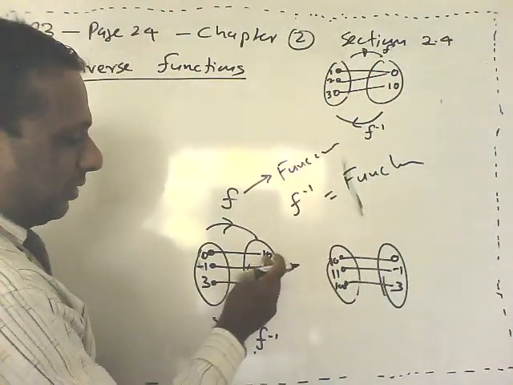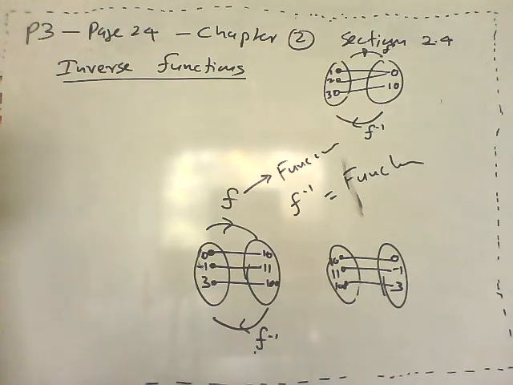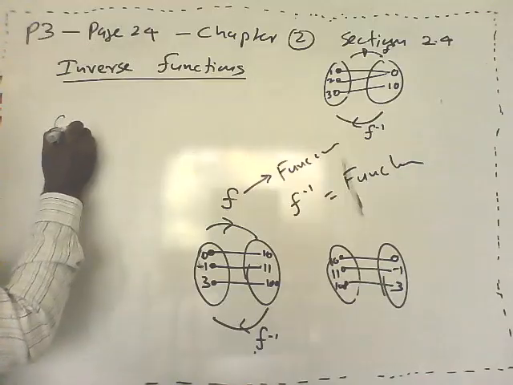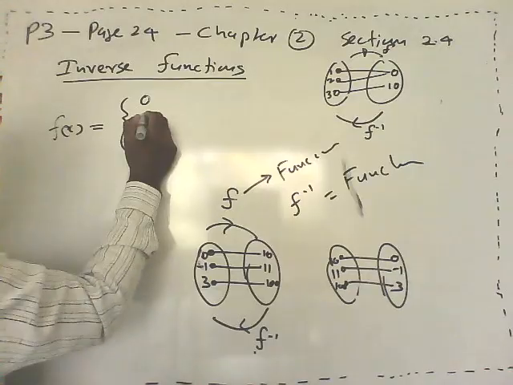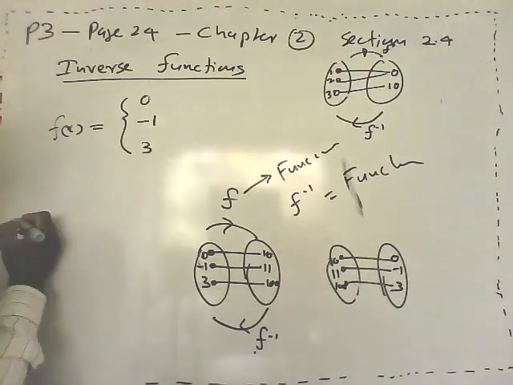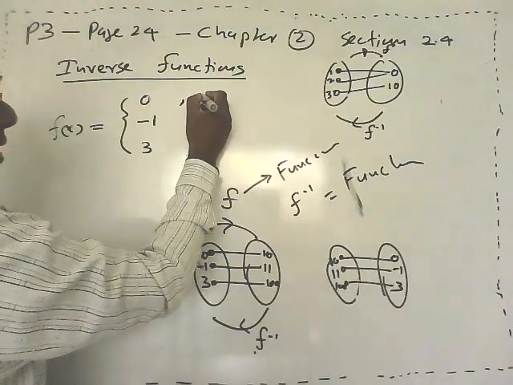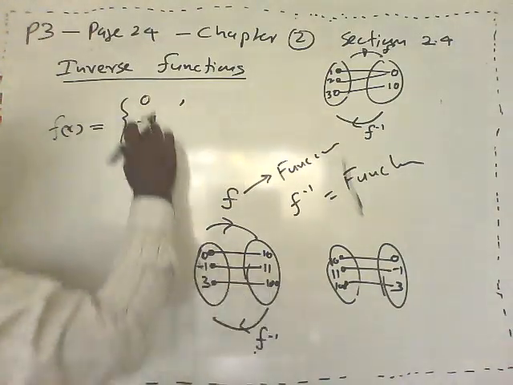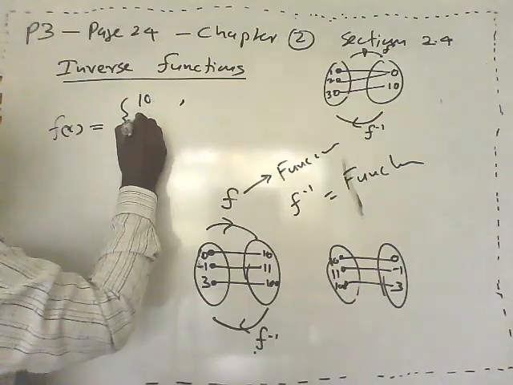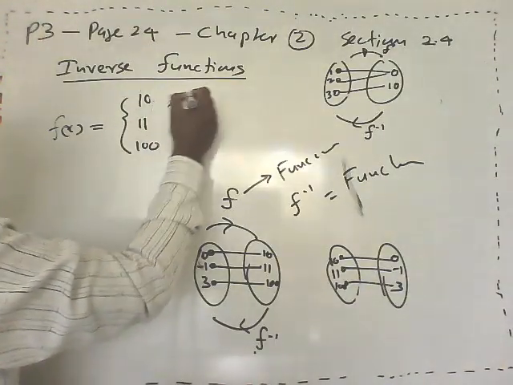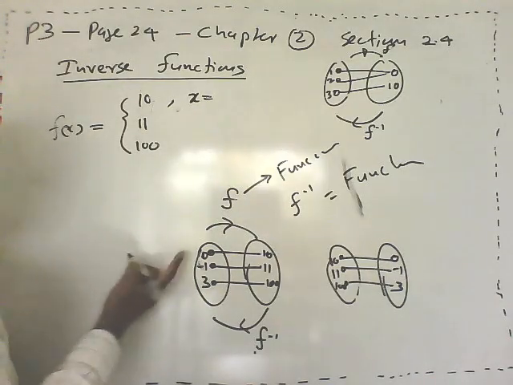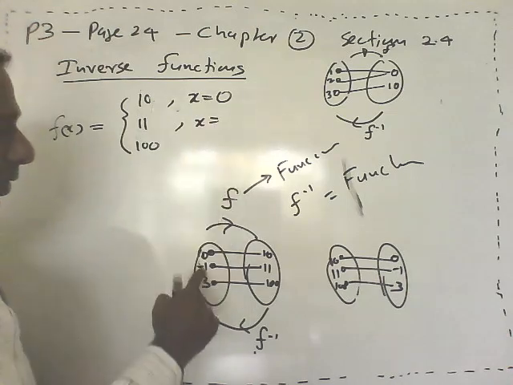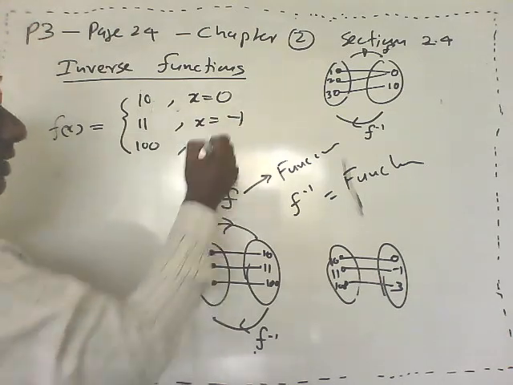For example, we can define this function f(x) as 0, minus 1, 3 mapping to 10, 11, and 100, where f(0) is 10, f(-1) is 11, and f(3) is 100.